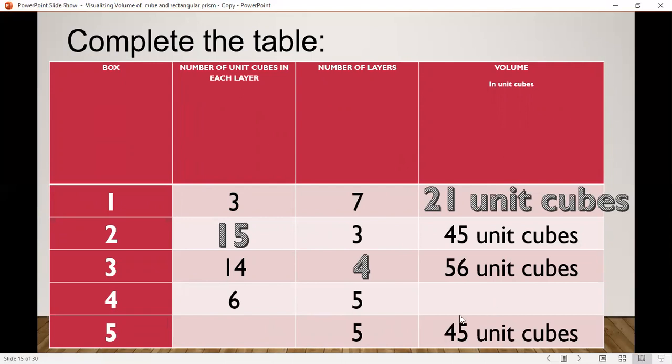To get the volume, multiply 6 times 5 equals 30 unit cubes. Number 5, given number of layers and the volume. To get the number of unit cubes in each layer, divide 45 by 5 equal to 9.